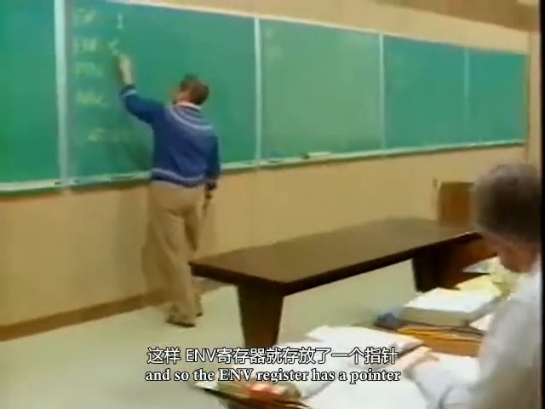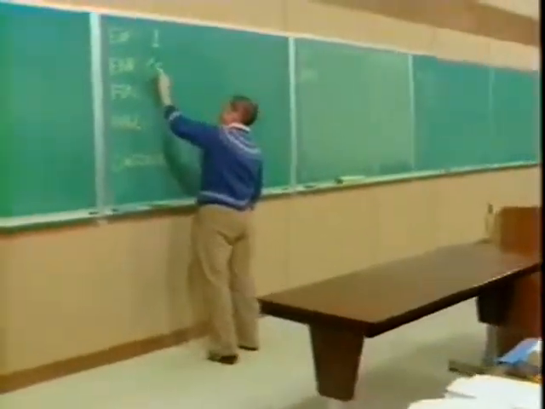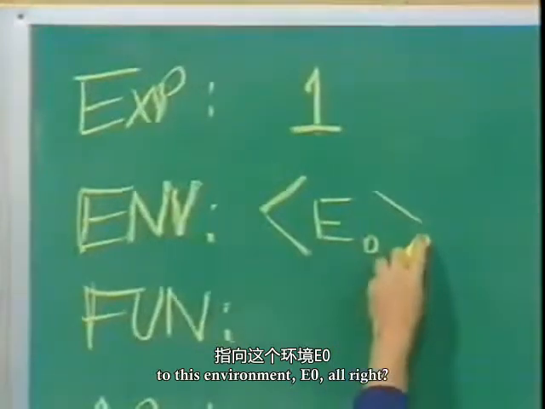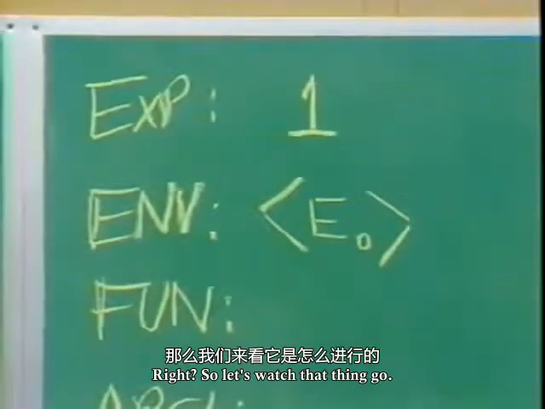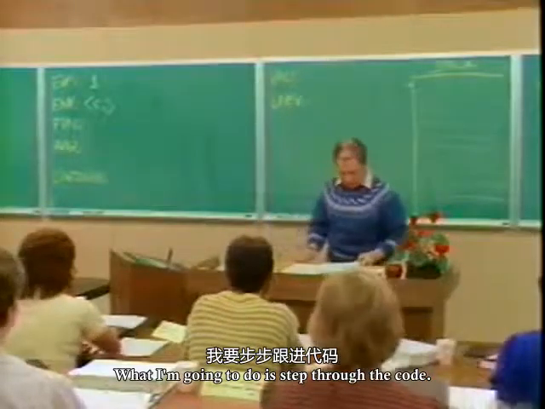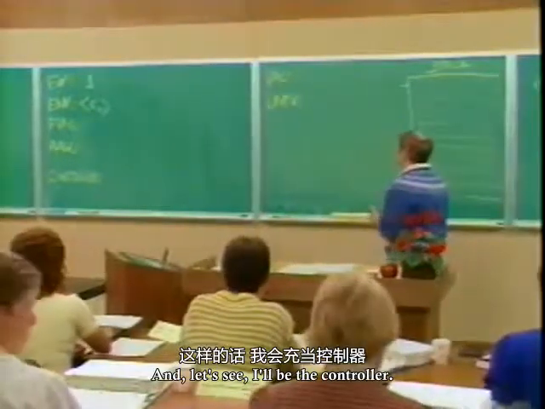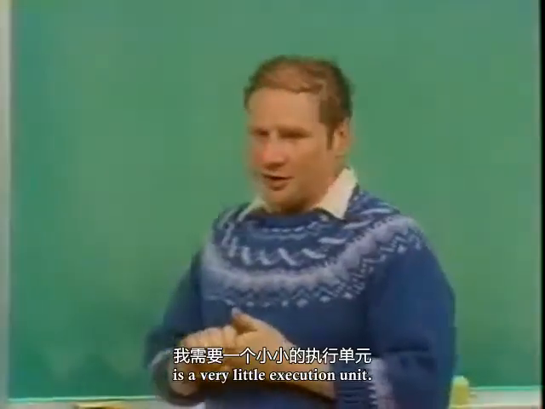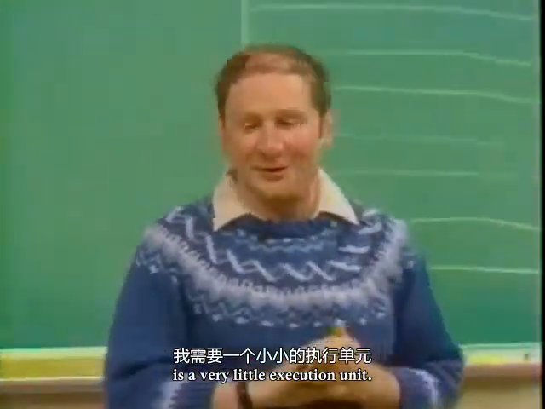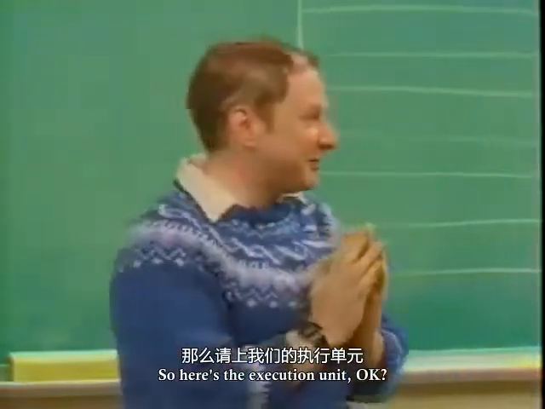And so the env register has a pointer to this environment E0. All right, so let's watch that thing go. What I'm going to do is step through the code. I'll be the controller. And since this gets rather complicated, I need a very, very literal execution unit. So here's the execution unit.